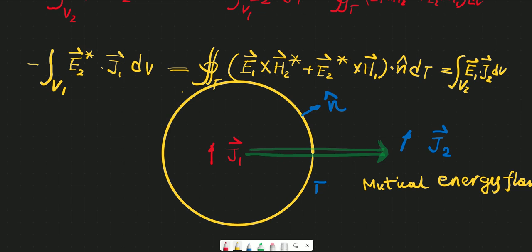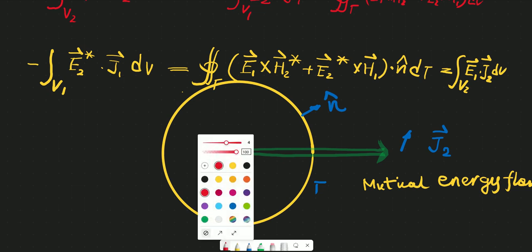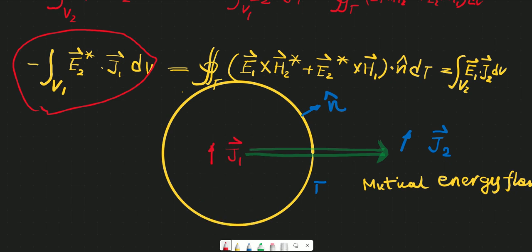This part is the energy produced from J1, which is the source.